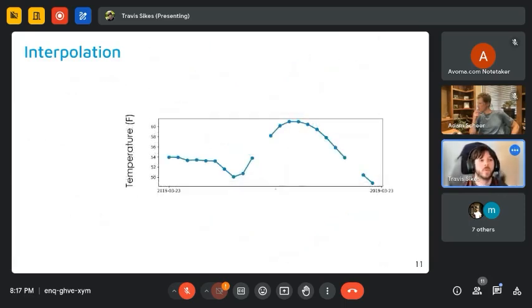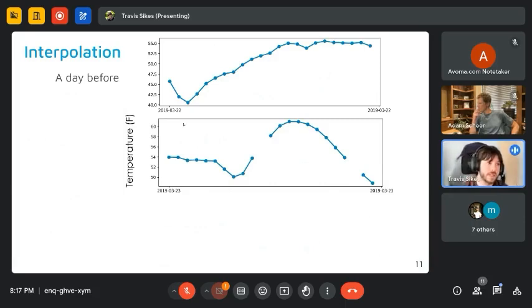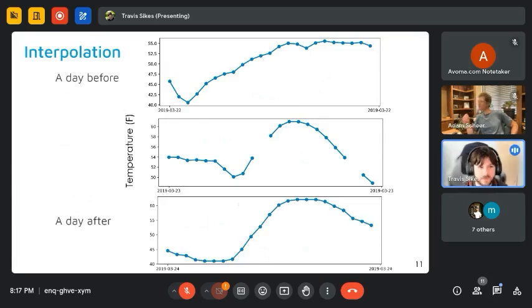Now, we can do the same thing with temperature, where temperature is going to be much more sensitive to the day before, the day of, and the day after. If we look at the day before, we can get a general idea of what the temperature looks like. Same thing for the day after. The general shape of the day after looks a lot more similar. And we can use all of this information in order to interpolate our 2 points here.